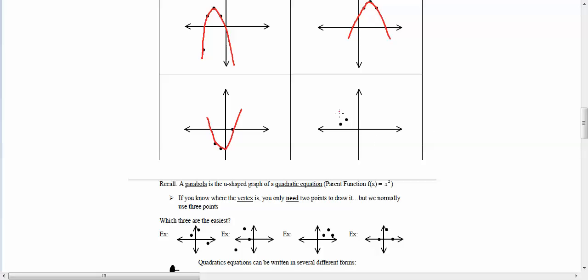Now this particular one, they only gave us 2 points. And I think what's interesting here is you could make this parabola, but just as easily you could call it this parabola, or this parabola. You see, the problem is, when they only give you 2 points, there's infinite amount of parabolas you can make.